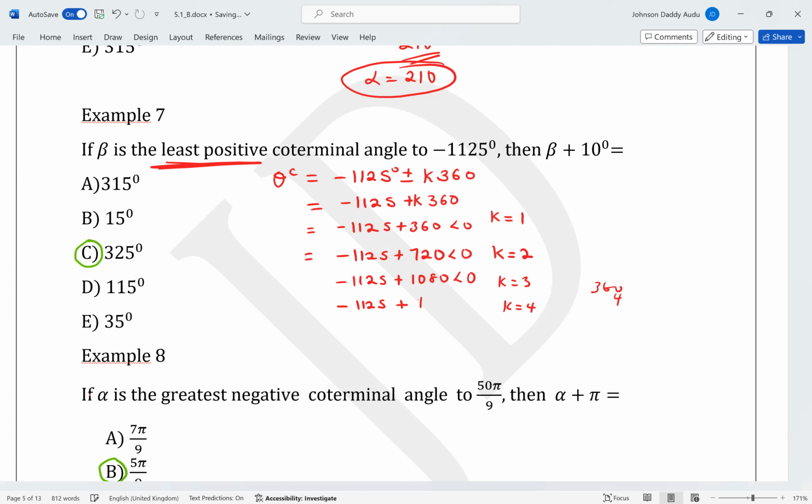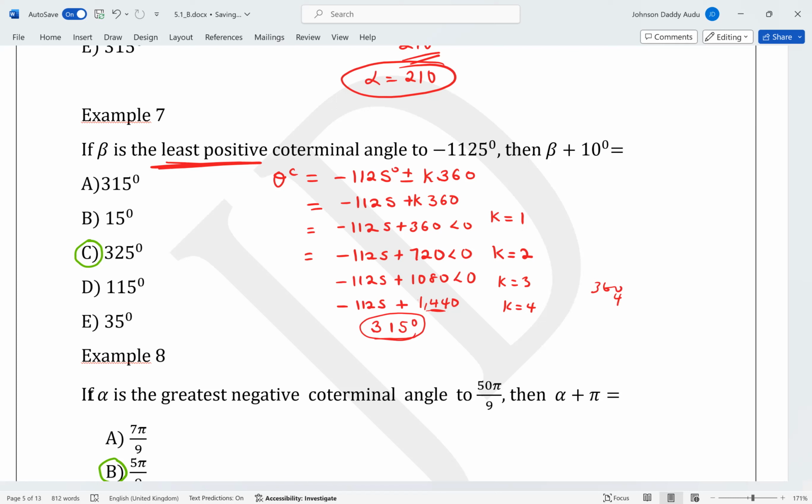This is around 1,440, right? And now you see this will give you a positive number because this is bigger, right? This will give us around 315, right? So this is the first positive number that you will meet.